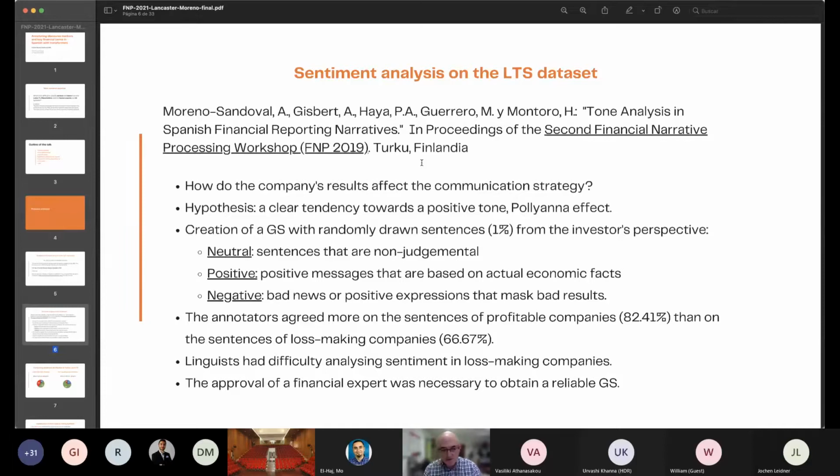So we needed the approval of our financial expert, Anna Hisberg, to obtain a reliable gold standard to check sentiment analysis tools. So in this experiment, we detected the difficulty for human linguists with no previous knowledge of financial terms to properly classify the loss-making companies.